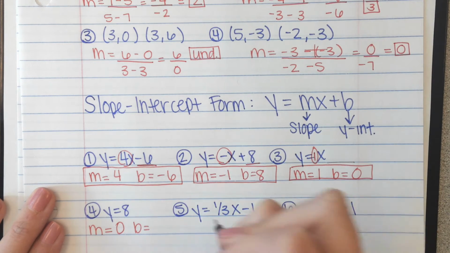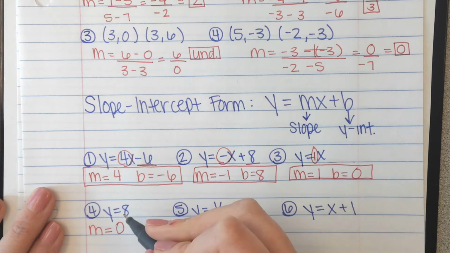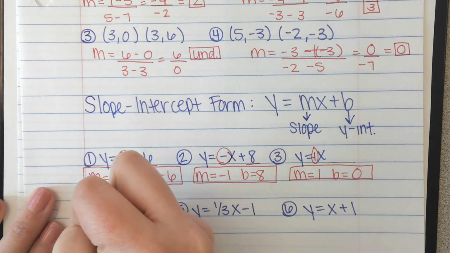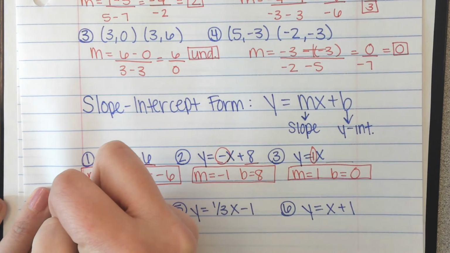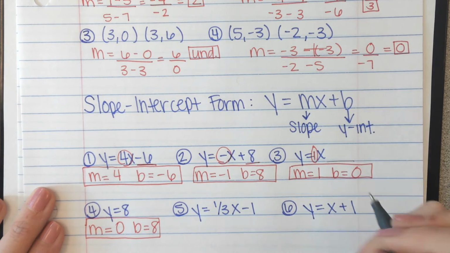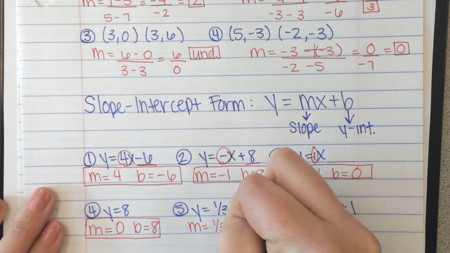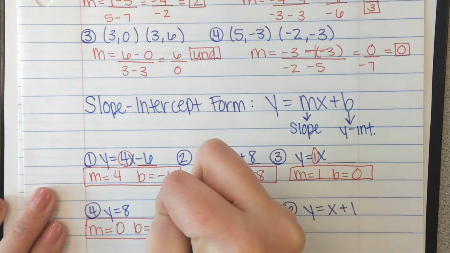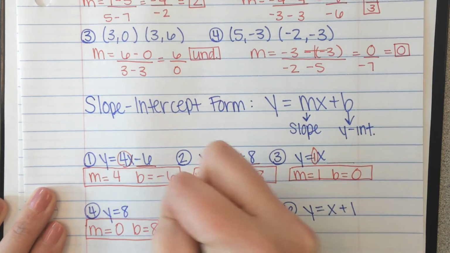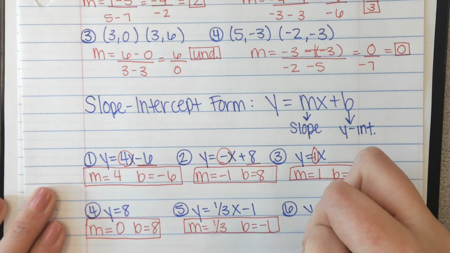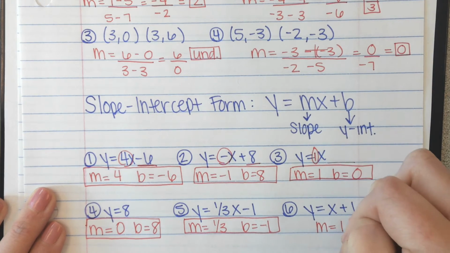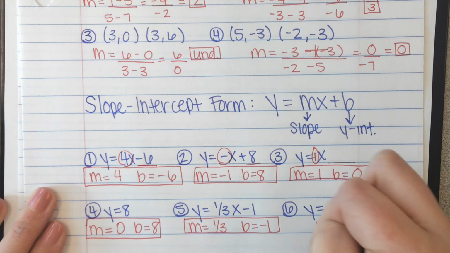And our b is 8. That means your y-intercept is at 8, and you're going to have a horizontal line. All right, number 5, what's m? 1/3. What's b? -1. Number 6, slope is 1, b is 1.